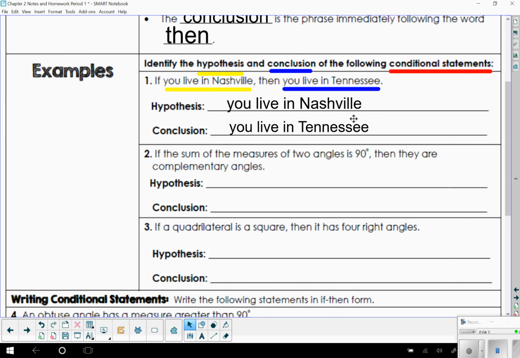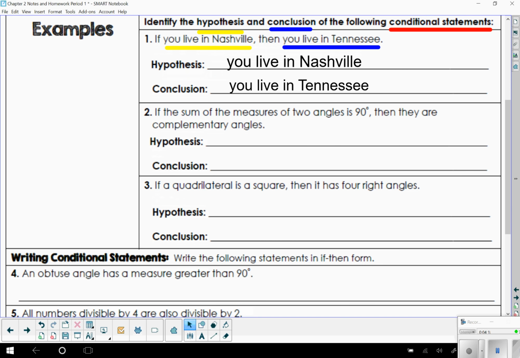Literally, that's it. So you guys try 2 and 3, pause the video, try 2 and 3, and then restart.